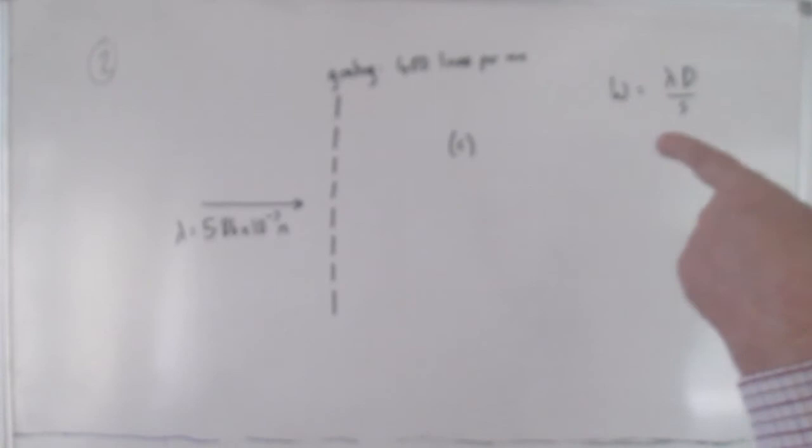So the smaller separation of the slits or the grooves in the diffraction grating, the bigger the separation of the fringes will be. And that's important because you've got to measure that, and obviously the bigger the separation of the fringes, when you measure it, the smaller the percentage uncertainty will be. You know, when you measure it with a ruler or whatever, the absolute uncertainty is always the resolution of the ruler, but the bigger that value you're measuring is, the smaller that uncertainty will be as a percentage.